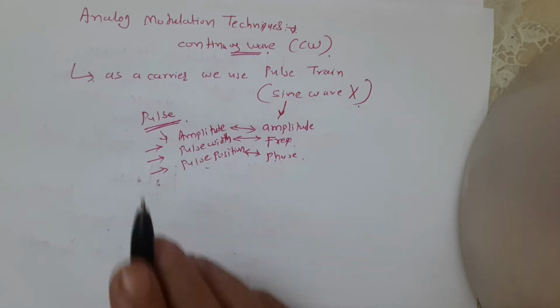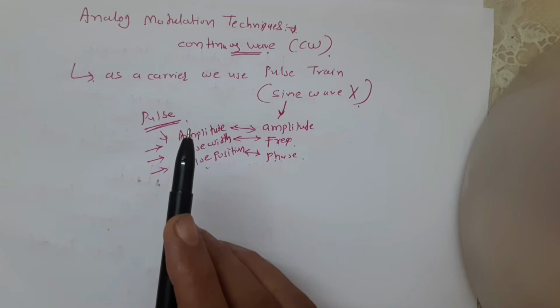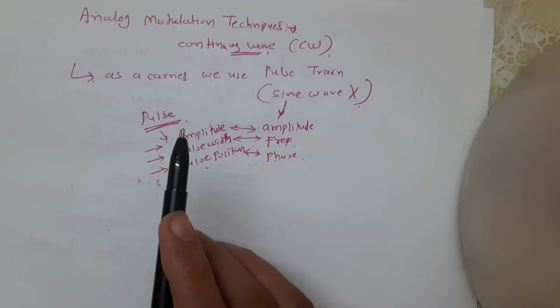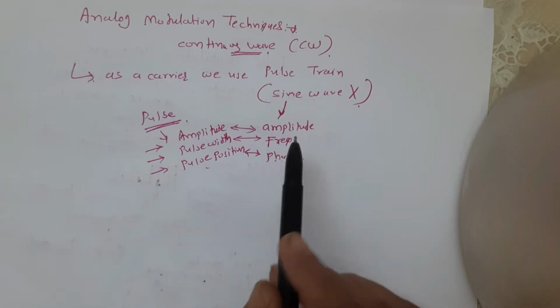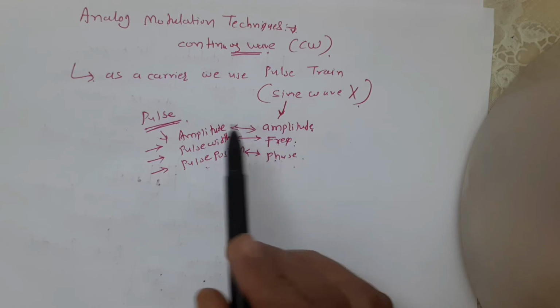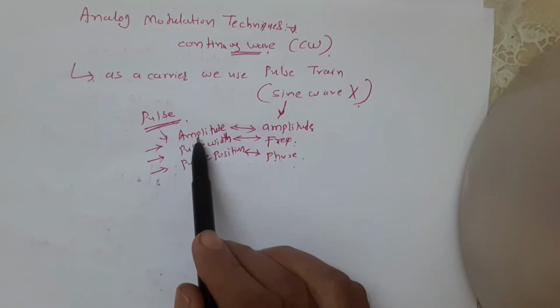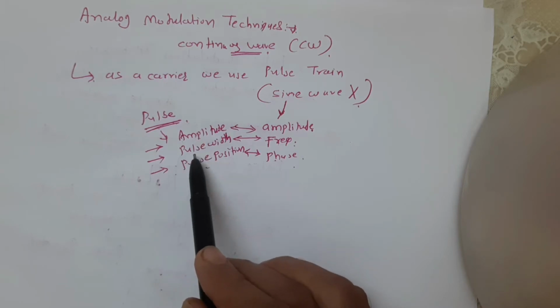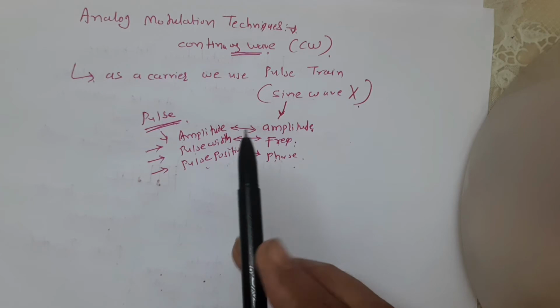Similarly, pulse modulation can be obtained by varying one of the parameters of the pulse train with respect to the message signal. In a sine wave, we vary either amplitude, frequency or phase. In the same way, with pulse as a carrier, we can change the amplitude, the pulse width, or the pulse position.